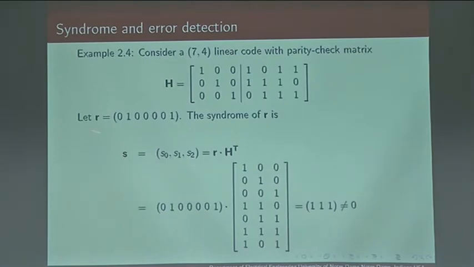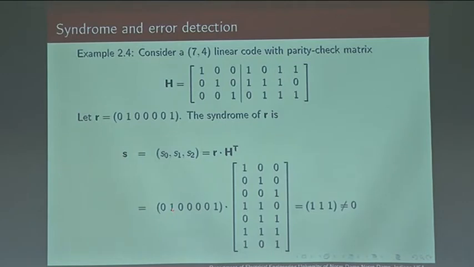So if we look at this example that we've been working with, this is the H matrix. Say we receive this. I can't remember if this is one of the code words or not, but we could look at it. We multiply it by the transpose of H, which is just this thing transposed.